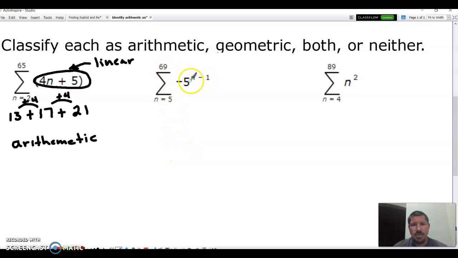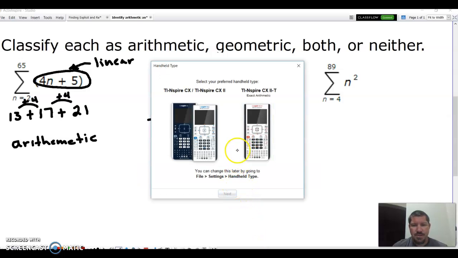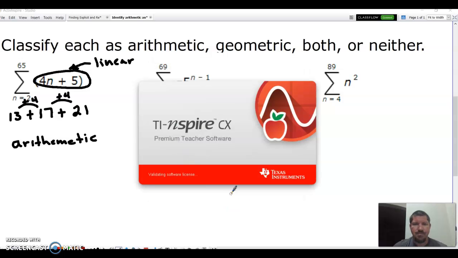Alright, right here, now this is an exponent, right? So if I start at 5, negative 5 raised to the 5th power, which, that's a big one. Let's pull out the calculator real quick. We got time. The other ones are going to be very simple. Oh, I guess it's n minus 1, so I'll have to do that.